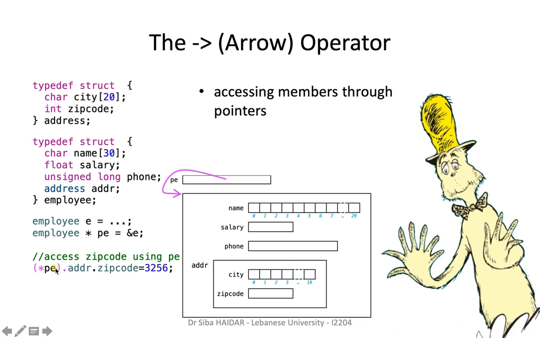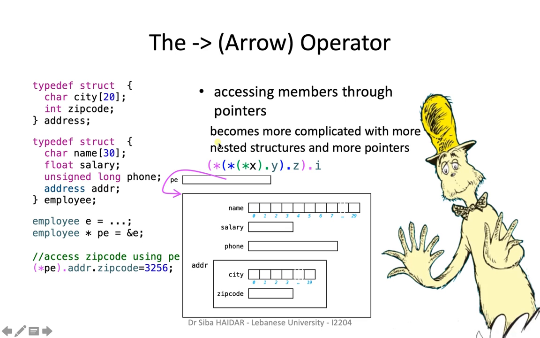So dereference PE, all in between parentheses, .addr zip code, you can enter here now, equals 3256.